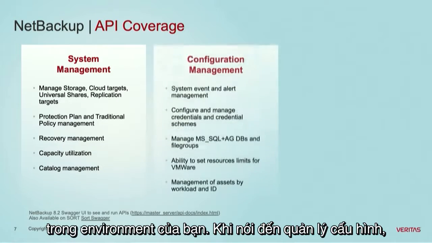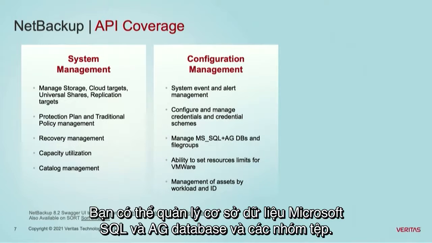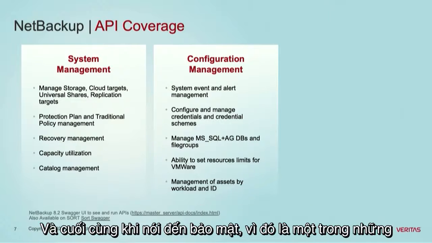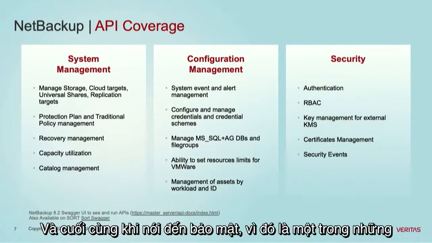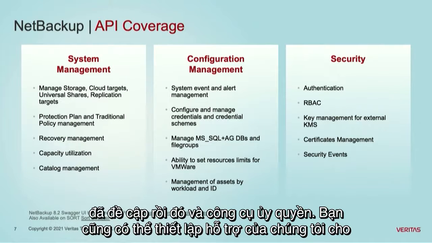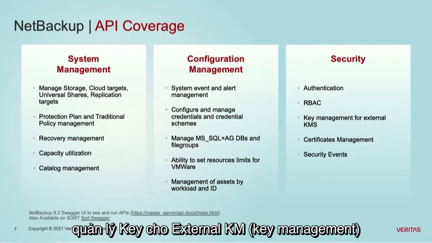When it comes to configuration management, you can do things like setting up event and alert management. You can manage Microsoft SQL and AG databases and file groups, or do things like setting resource limits for VMware. And finally, when it comes to security, because that is one of the biggest areas of concern for customers, we have the authentication and authorization that I already mentioned. You can also set up RBAC for the rest of NetBackup, as well as things like key management for external KMS.